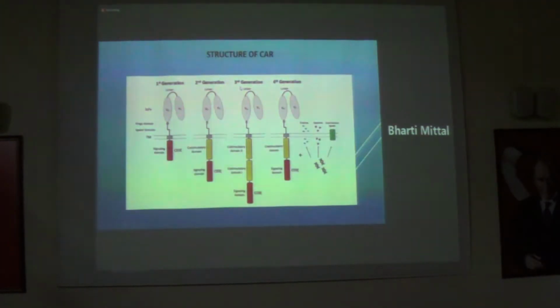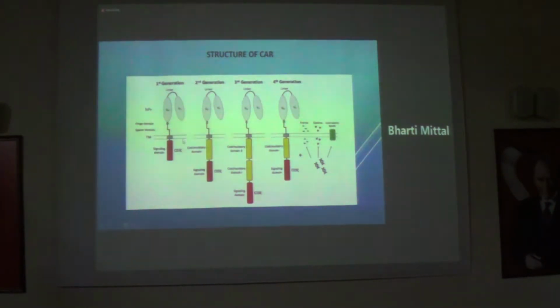So, in this picture, as we have seen, there are 4 generations of the CAR T cells available now. Very first, when it was developed from the monoclonal antibody, it has 3 domains. One is the ectodomain, which is the antigen recognizing domain.